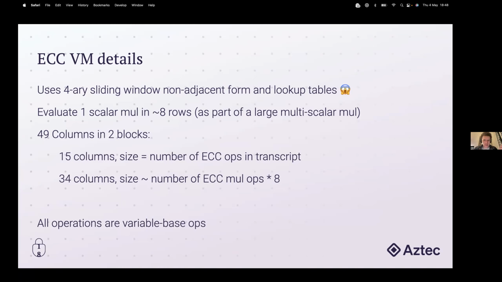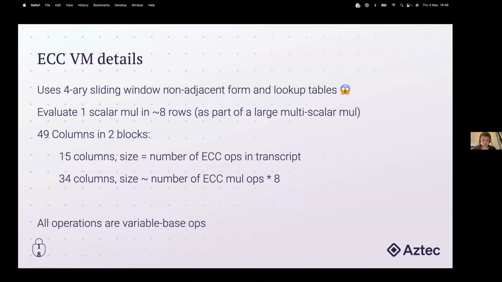It's actually minus 15 to 15, where the values are all odd. So minus 15, minus 13, minus 11, etc. That's efficient because it's still 4 bits of information, but because negations are basically free for elliptic curves, you only actually need 3 bits of data in your lookup tables, which is nice.